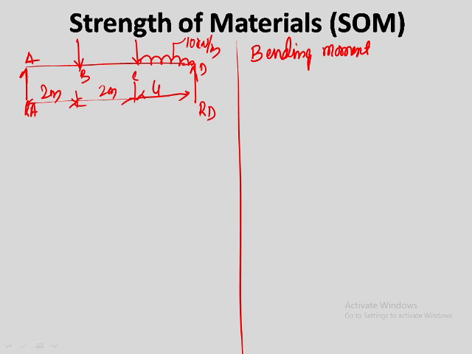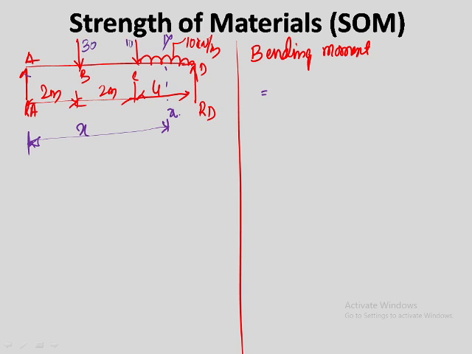Right. Now let us consider a section at a distance of x from left support. Now you need to find out bending moment there. Let us see. So now this is 30 kilonewton.